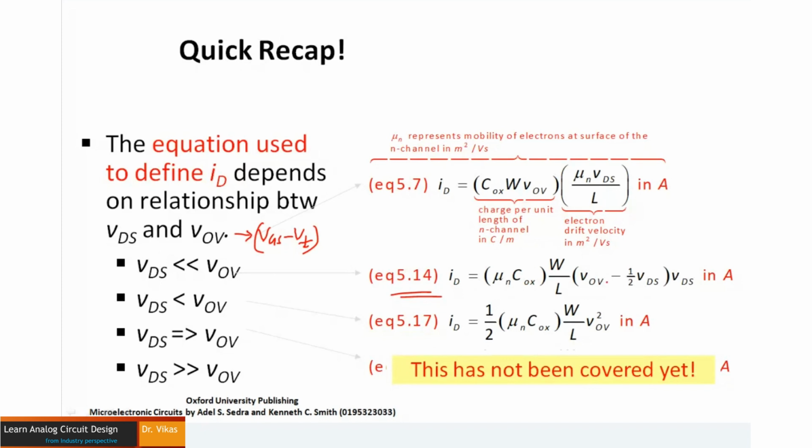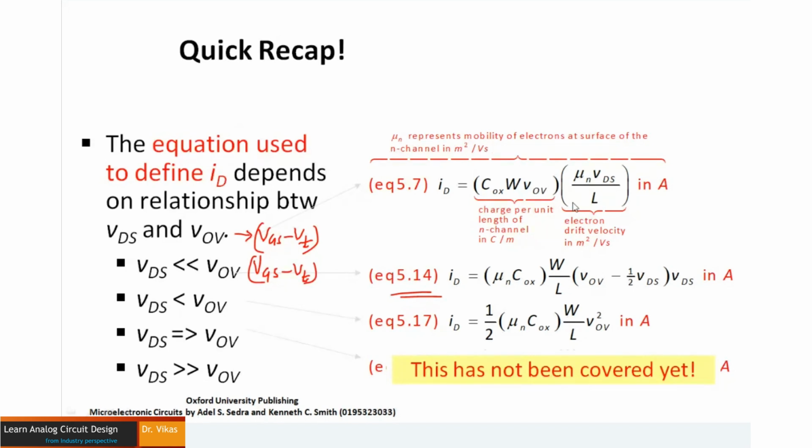This particular equation is the condition where VDS is less than VOV, that is, VDS is less than VGS minus VT. So please do remember these set of equations whenever such things happen.